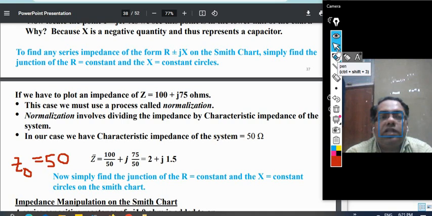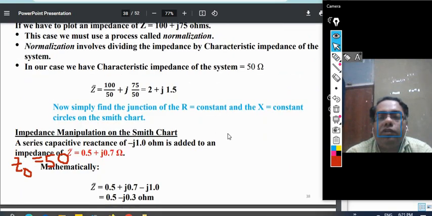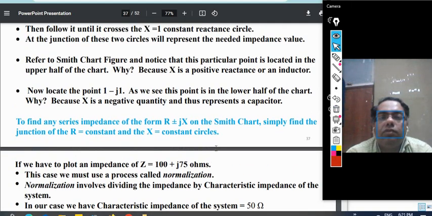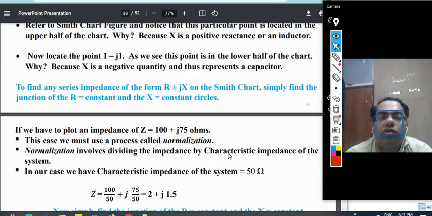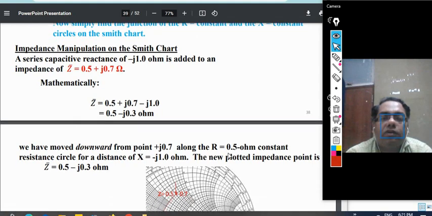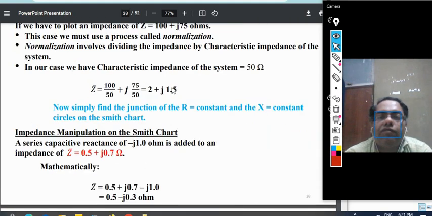So this 2 plus j1.5, how will we locate it on the Smith chart? You have to take r as 2.